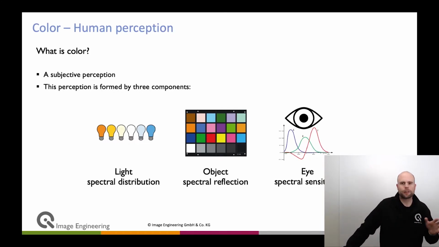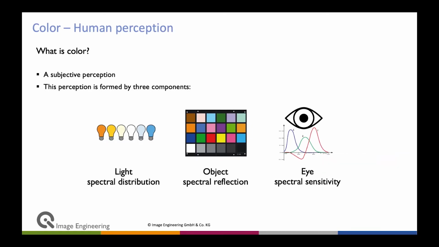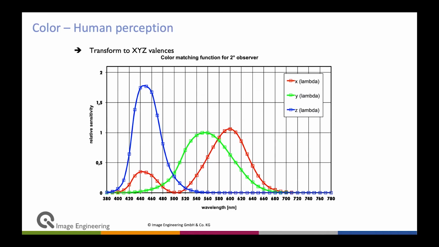So color is a complicated topic, and also the processing behind it in our brain is different. But we can use the so-called color matching function as a good model of how a human perceives spectral content, or the different parts of the spectrum.